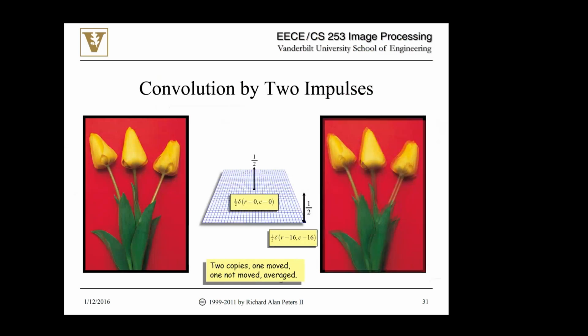So now I shift it to the 16 place, multiply by 1/2, and multiply the image by 1/2 because of the delta 0, and then add the 2. So this is what we will get. So we have this fixed image that is multiplied by a delta, the shifted one that is also multiplied by 1/2, and then add the 2.